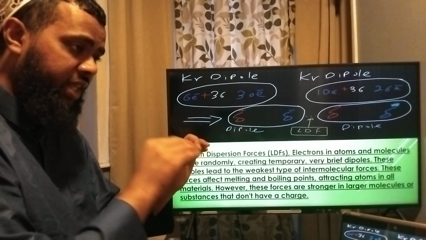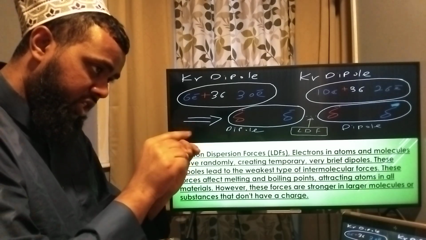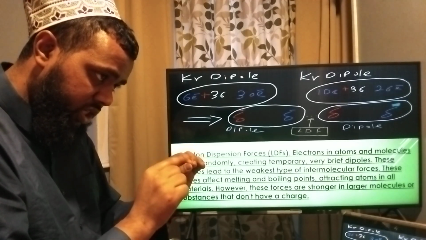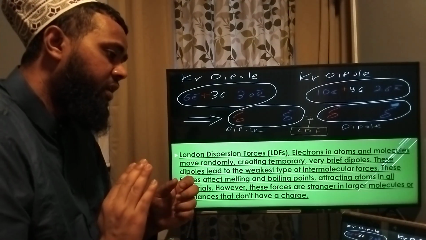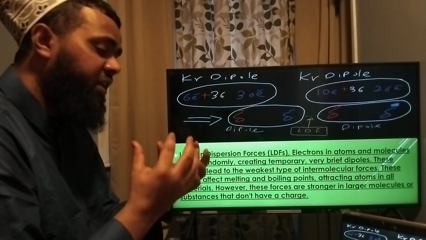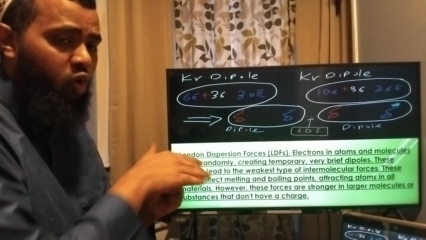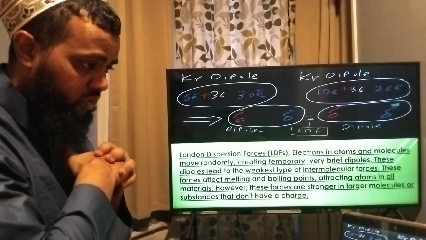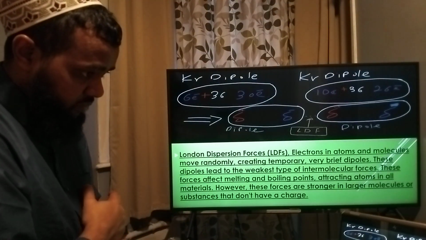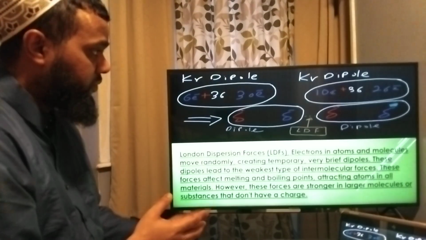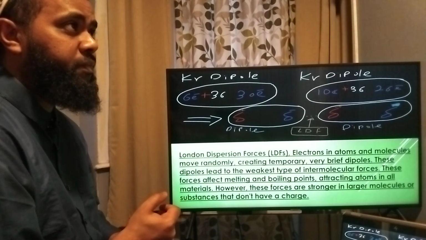Because the forces between the HCl molecules require a very low level of energy to overcome, to break down, which means a low melting point and so on.